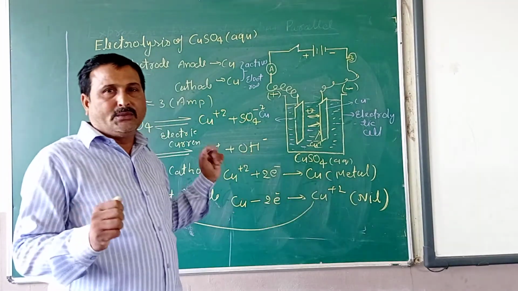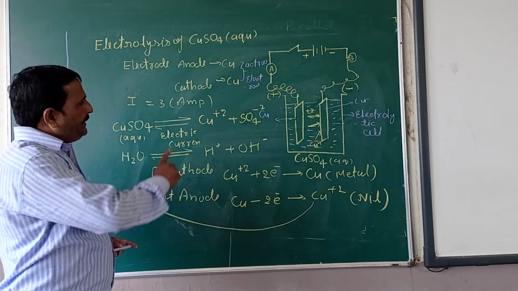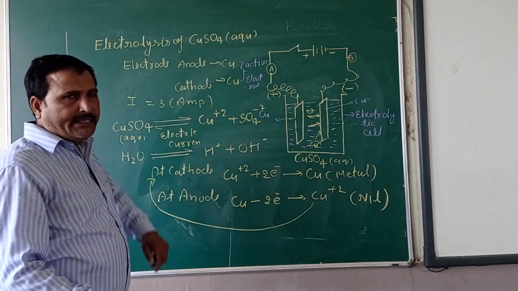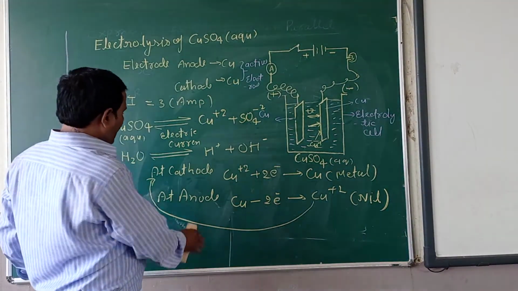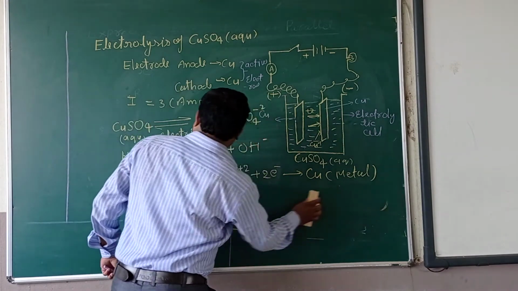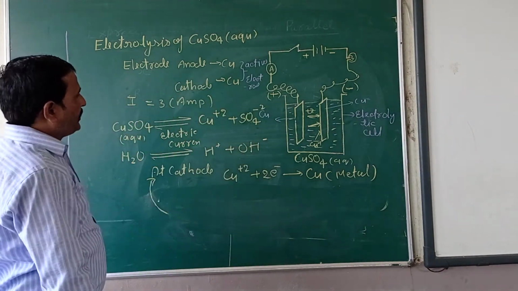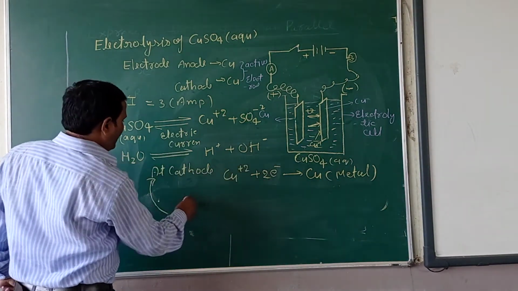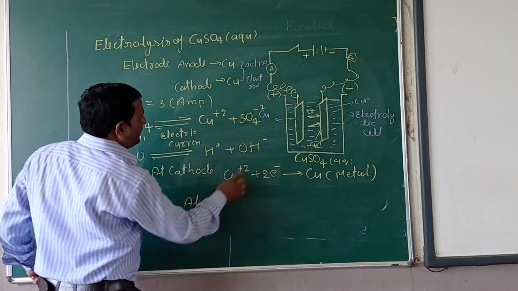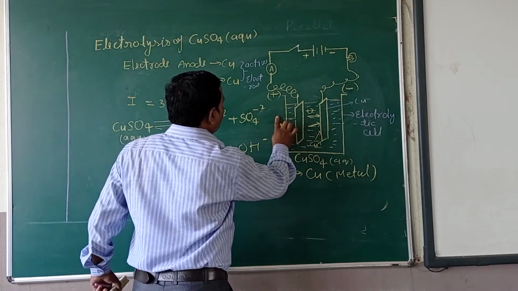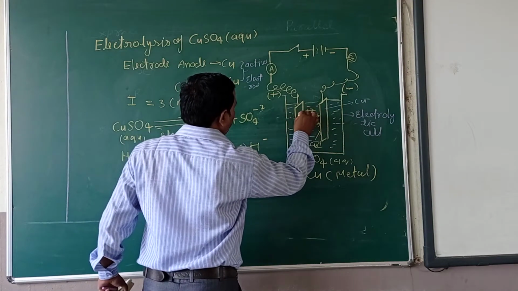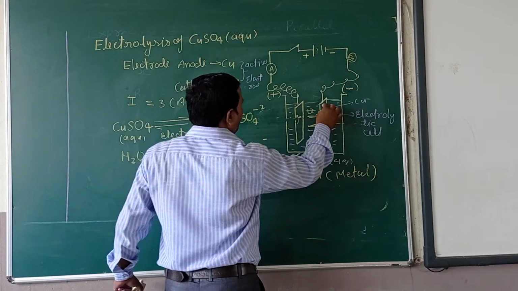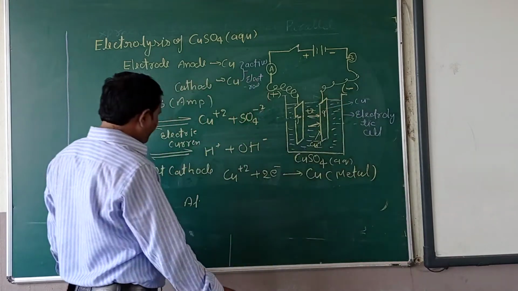No product at the anode. What happens if another electrode is taken? If another electrode, the same reaction will be there. In other electrodes like graphite and carbon, the same reaction will be there. But the product at the anode will change if we change the electrode. Suppose graphite, here also graphite or carbon.